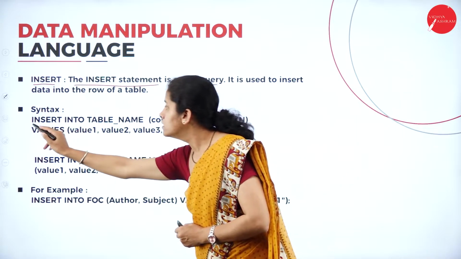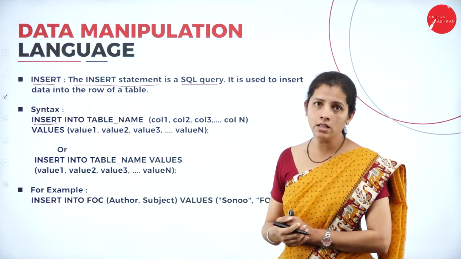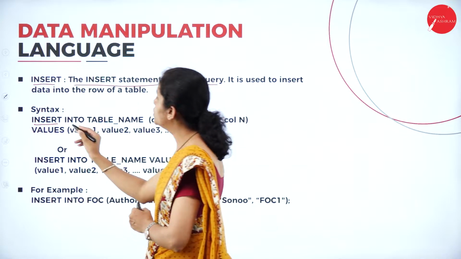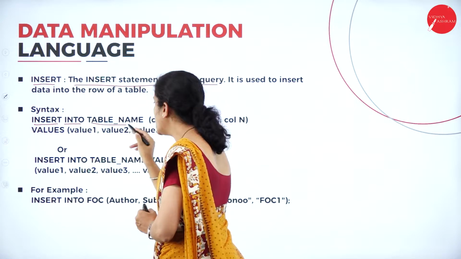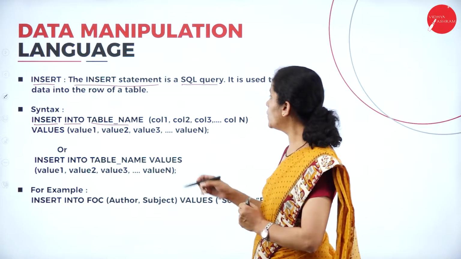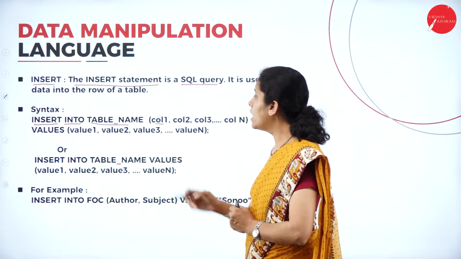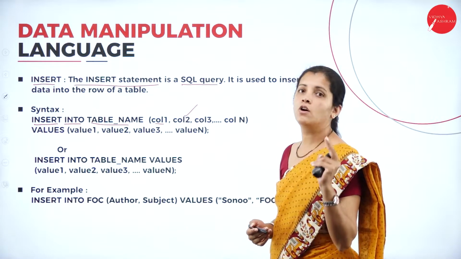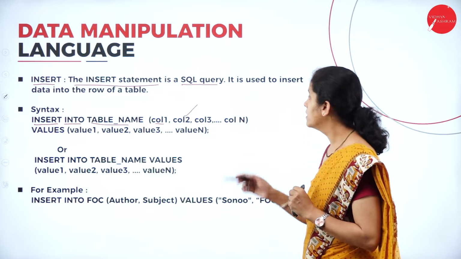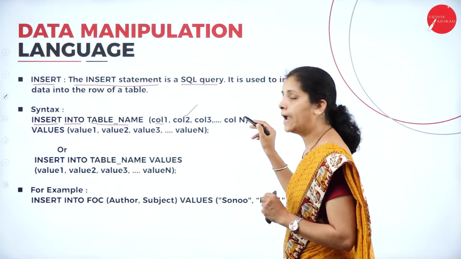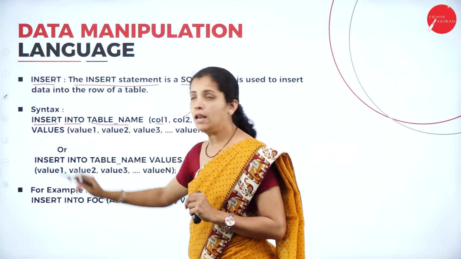Now the syntax here is insert into table name, along with which I can have column heading 1, column heading 2, column heading 3, up to column heading n, values.